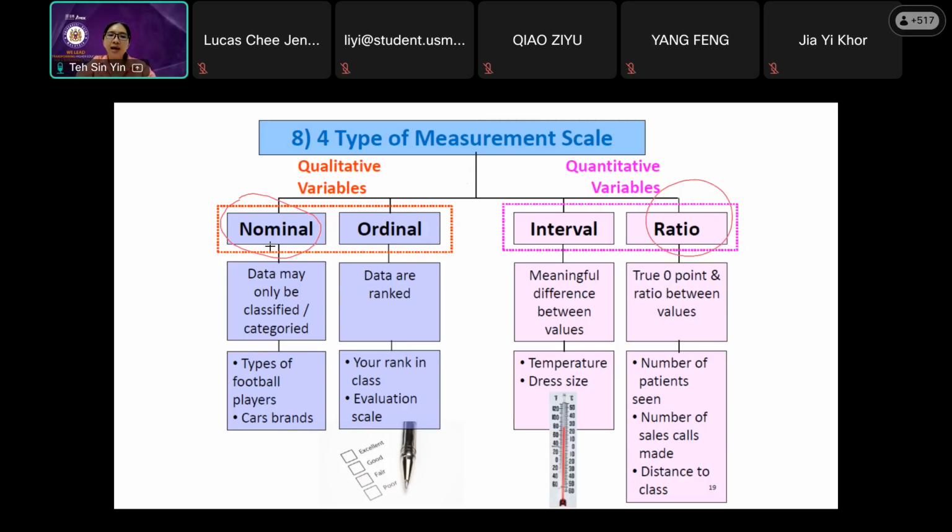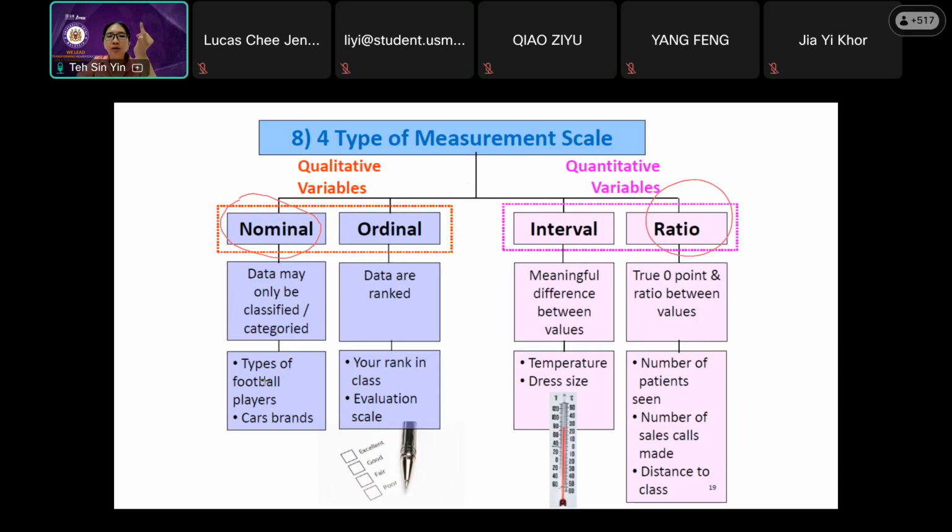For the nominal level, the data may only be classified or categorized. For example, just now when we talked about marital status: single, married, divorced. This is categorized only, so it is the nominal level of measurement scale.